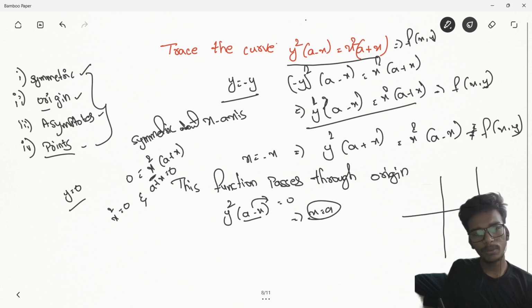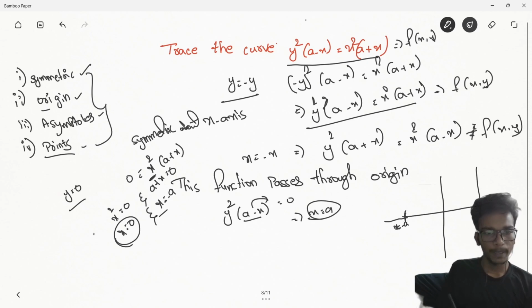Because x square is always a positive value, this function can be 0 only when that term is 0. So I'm equating x square as 0. x equal to 0 and x equal to minus a. This function crosses the x-axis at x equal to minus a. That's what I mentioned here.